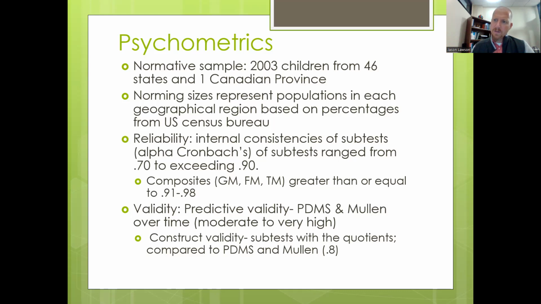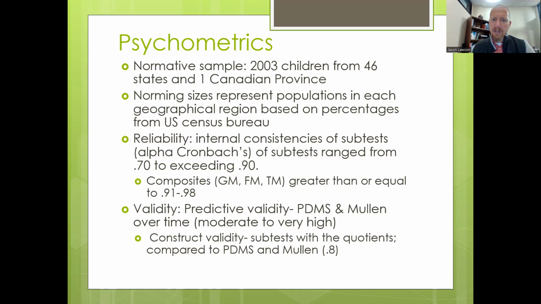They look at the percentage of individuals of a certain ethnicity and gender within a geographical region and then try to match those demographics so that their normative sample represents our greater population. They did that based on percentages from the US Census Bureau.